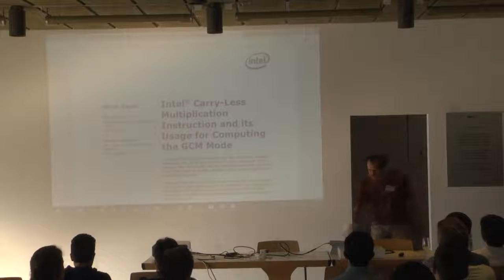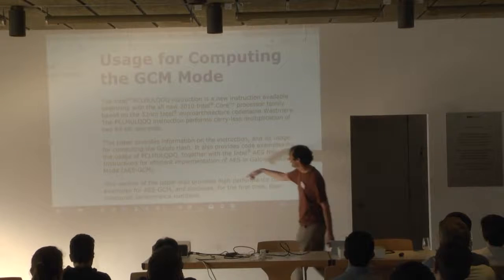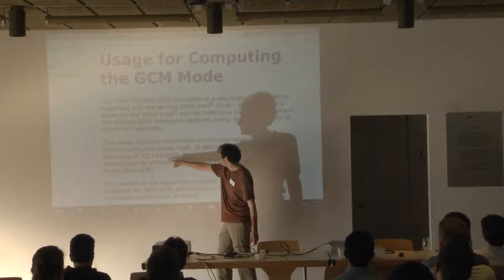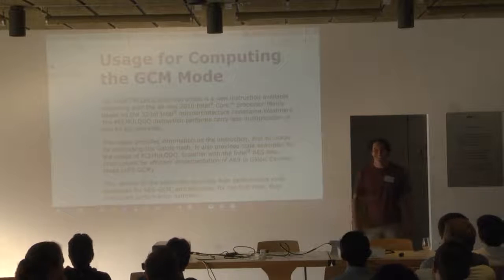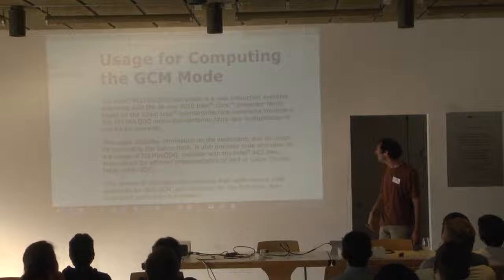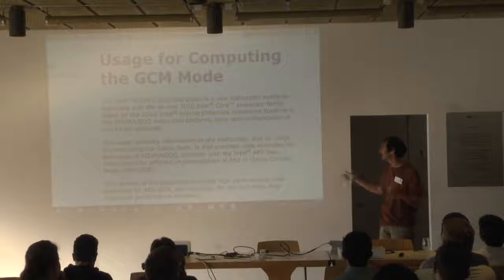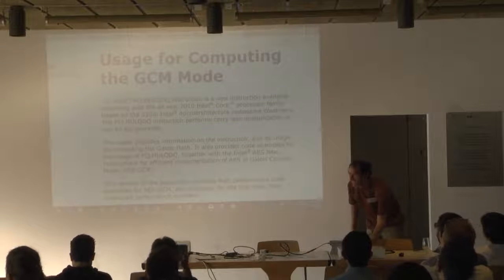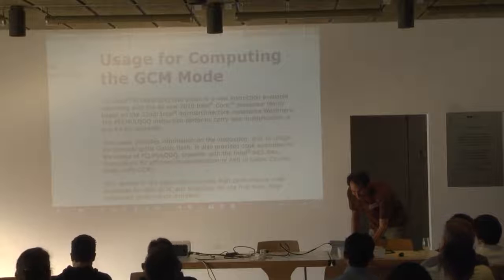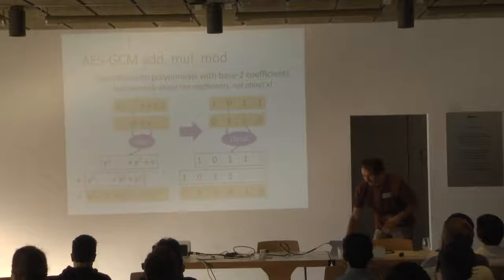And the name of the instruction is, of course, PCLMULQDQ. I think the P stands for parallel, and it's carryless multiply, and the size of the words and so on, but everybody just calls it pickle muckle duck. So anyway, that's what you use for efficient multiplication if you've got the latest Intel processors.